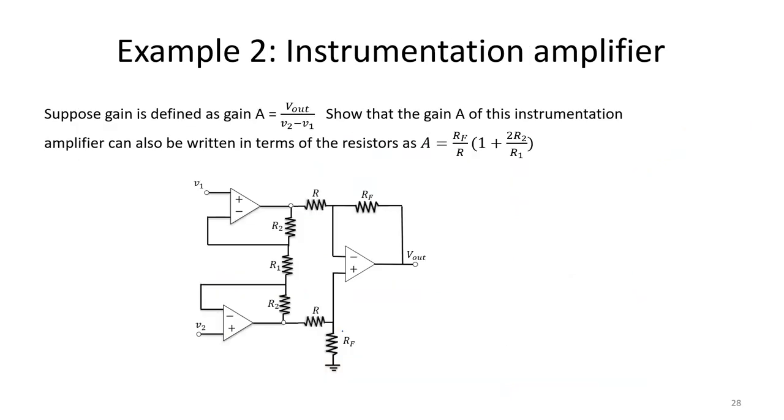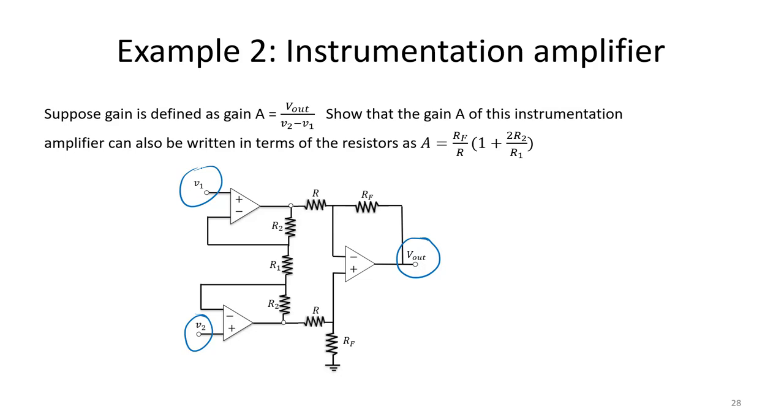So this leads us to our next example. Let's now consider the instrumentation amplifier shown here. Suppose we define the gain of our instrumentation amplifier as the ratio of the output voltage Vout to the difference between our input voltages.